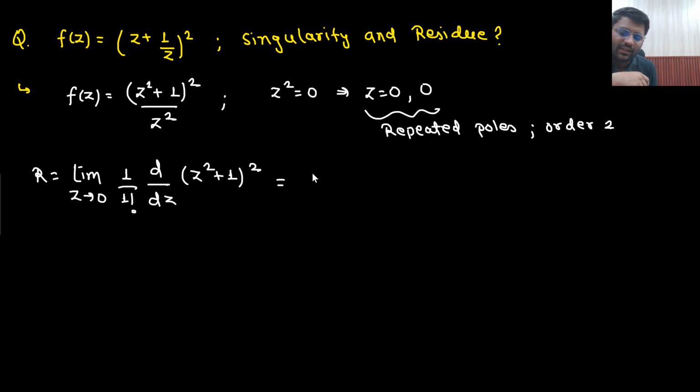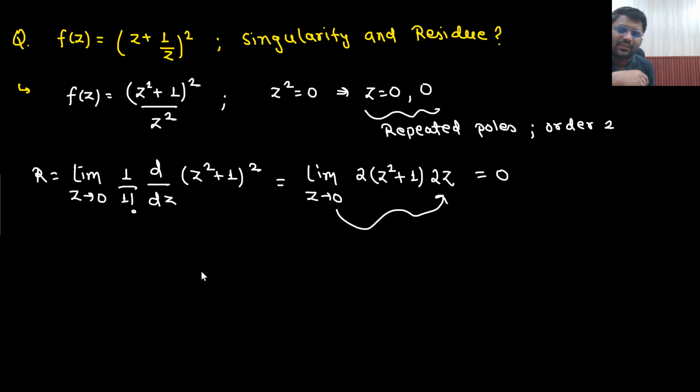Understandable? So what are you getting? I am getting limit z tending to 0 of z square plus 1 into 2z. Put z tending to 0 here. What is the answer? 0 only. So what is the residue? Residue is coming out to be 0 only. Understandable?